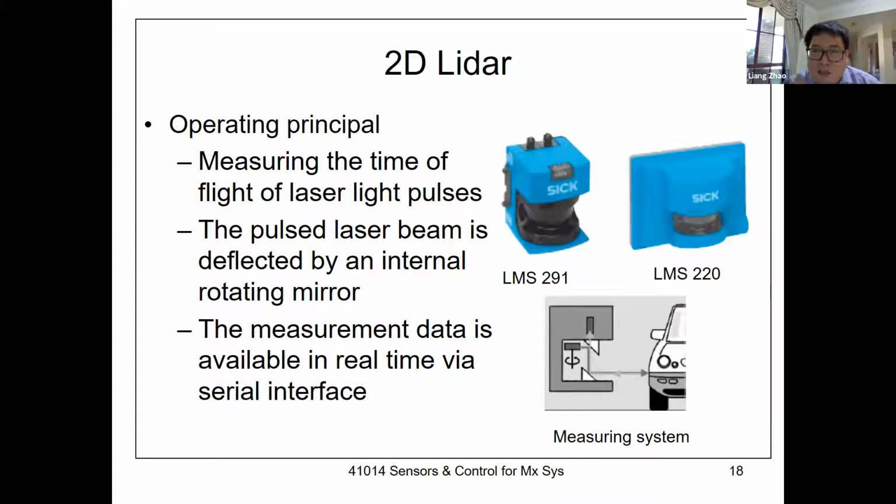This property makes the angular measurements very accurate. That's why we use laser so much, because it can provide both accurate distance and angles. That is different from the sonar, and this is why we use it so much in the robotics area.